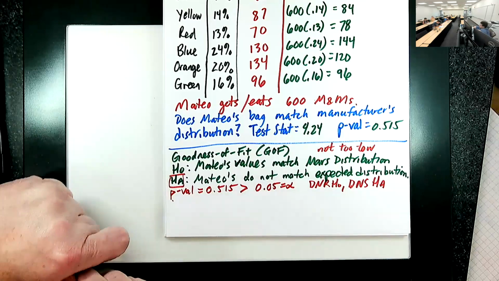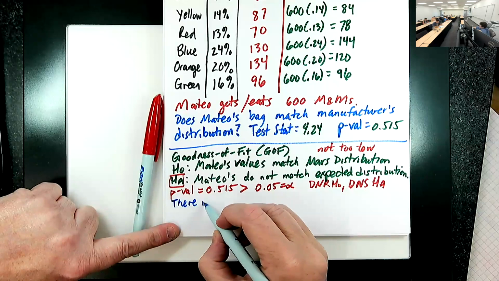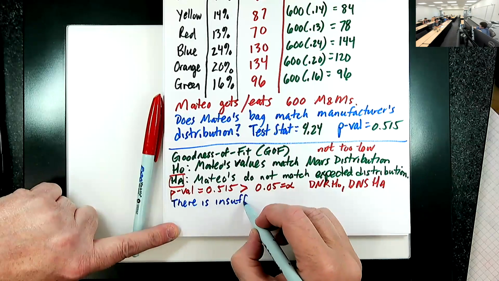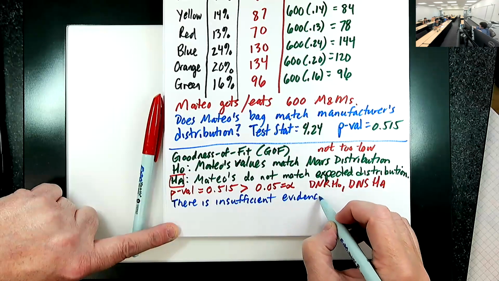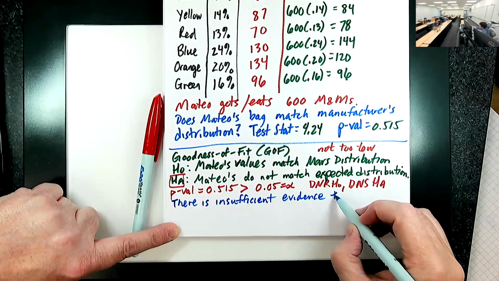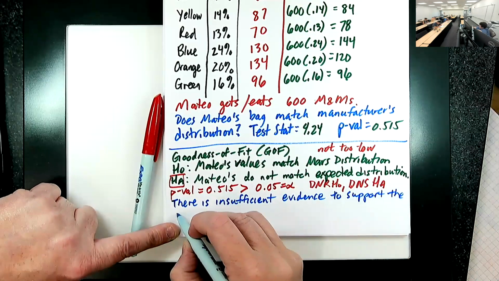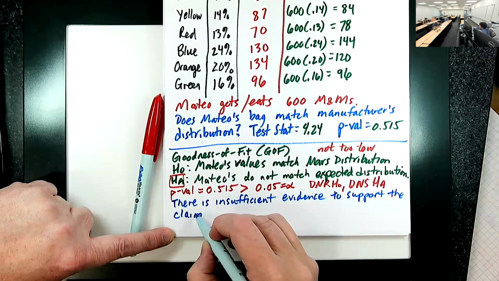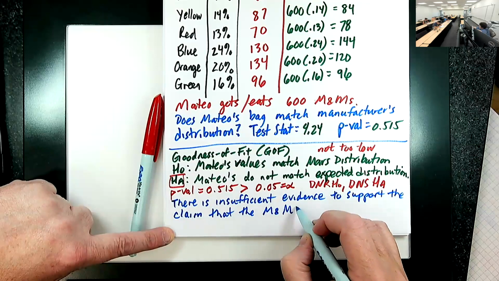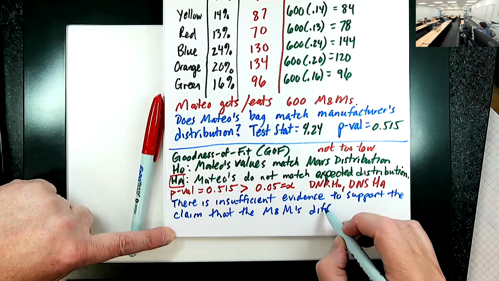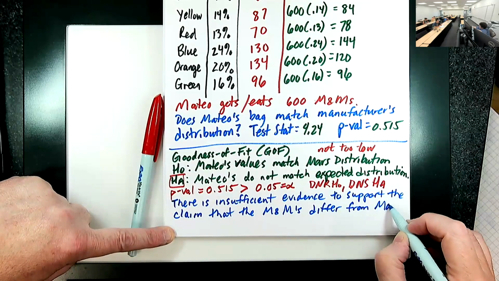There is insufficient evidence to support the claim that the M&Ms differ from Mars' stated distribution.